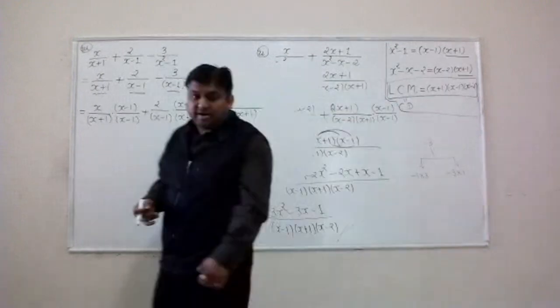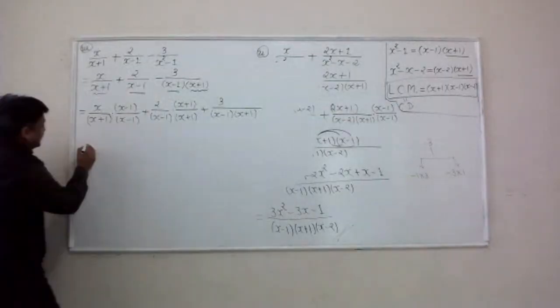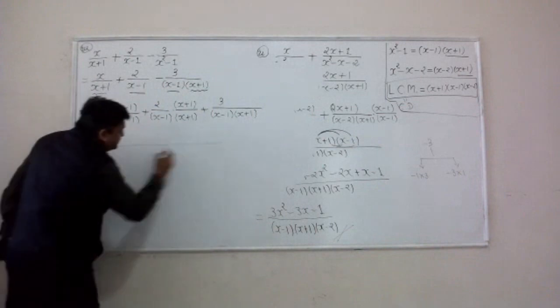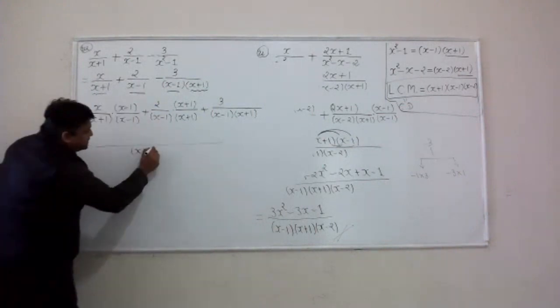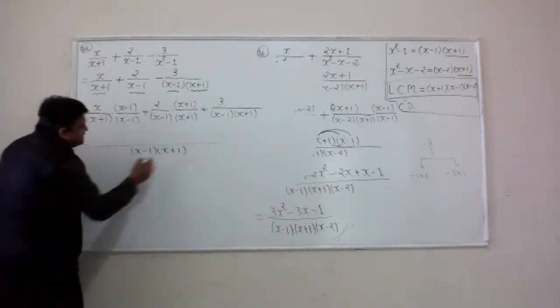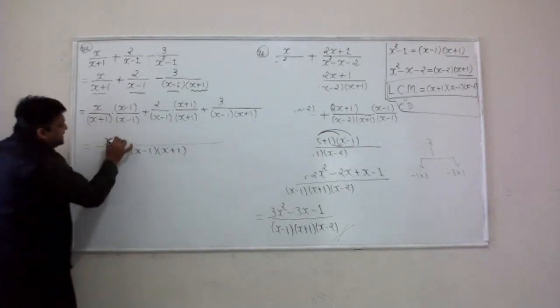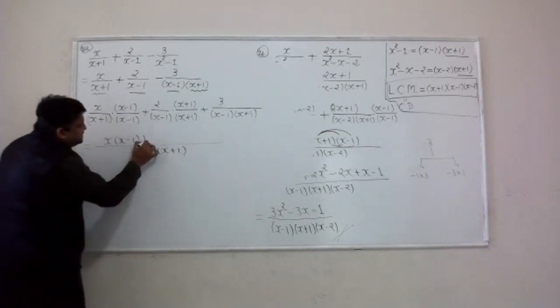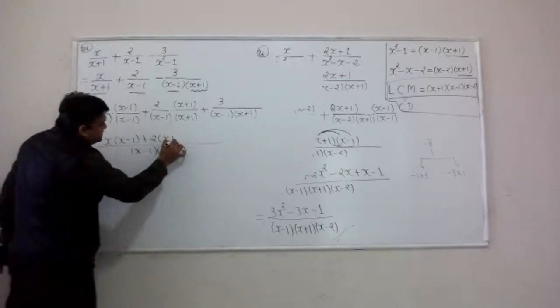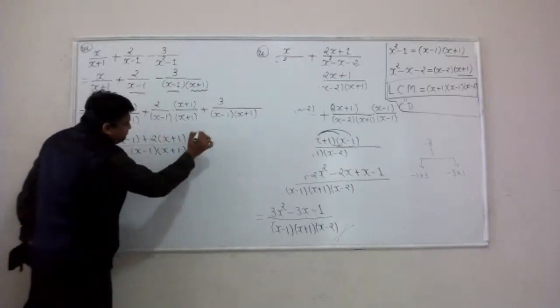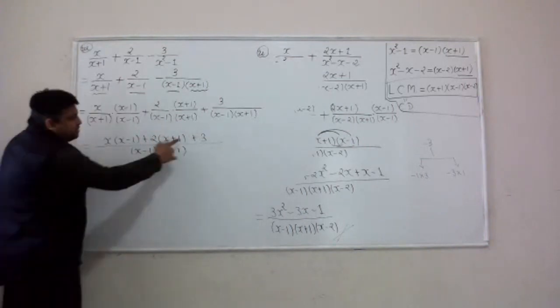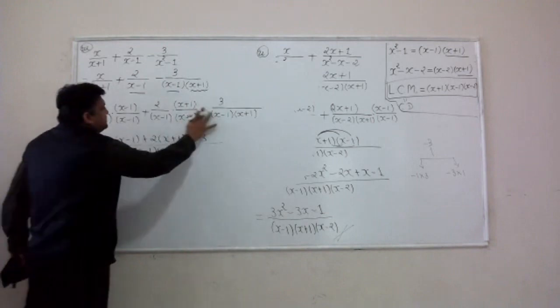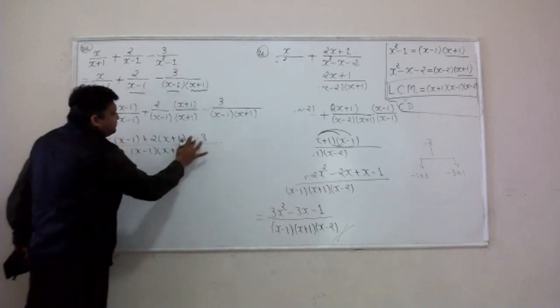I'm going to write it as a common denominator. Let's do that. So I have x minus 1, x plus 1. That's our common denominator. In the top I have x times x minus 1, plus 2 times x plus 1, minus 3. Sorry, there was a minus sign here.